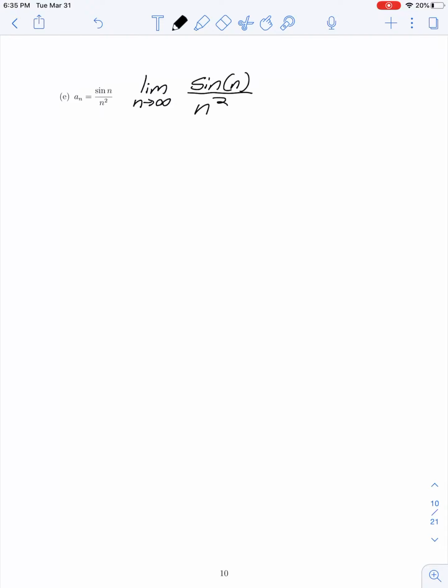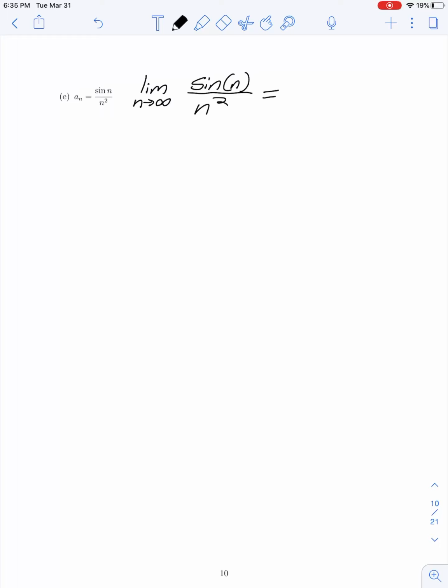We know that our numerator, sine of n, is oscillating between positive and negative 1, and my denominator, n squared, keeps getting larger and larger as n approaches infinity. So the ratio should be getting smaller, approaching 0.